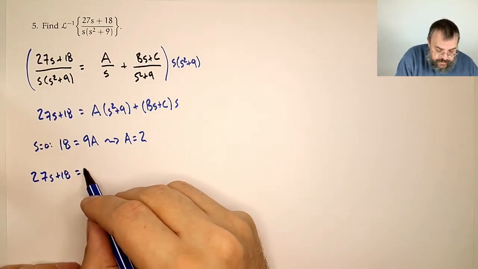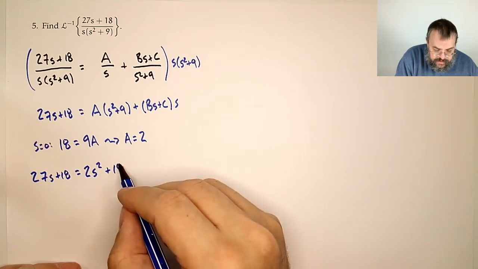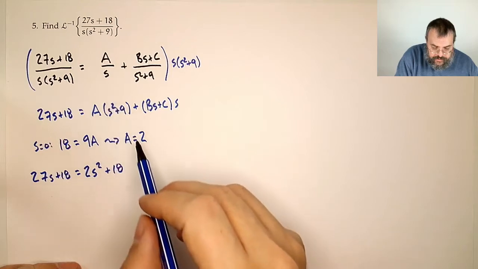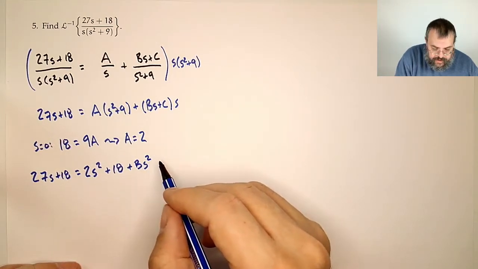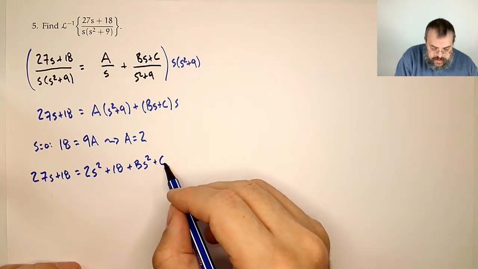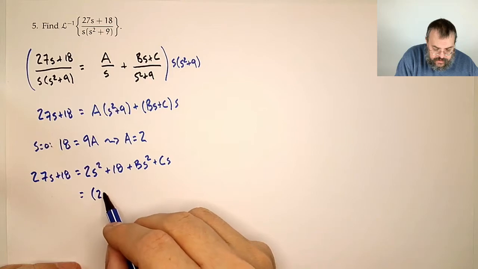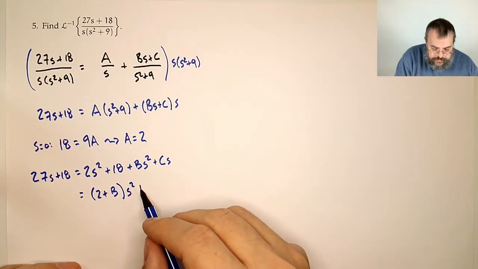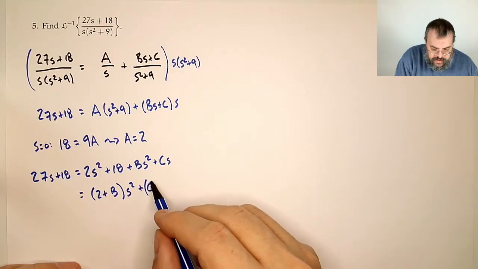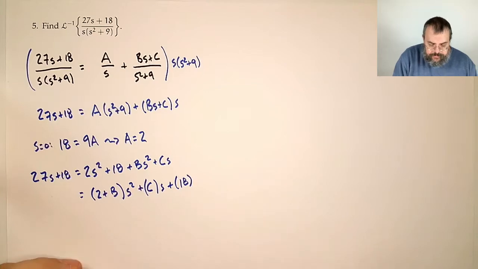So that would equal 2 times (s squared plus 18). That's multiply through, and remember that A equals 2, plus B times s squared plus C times s. Well, we'll get (2 plus B) times s squared plus C times s plus 18.